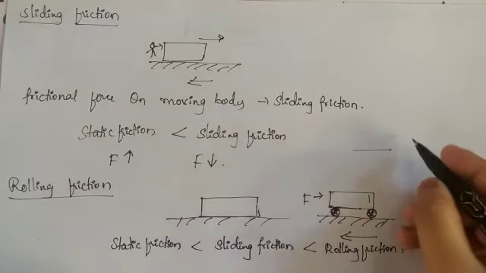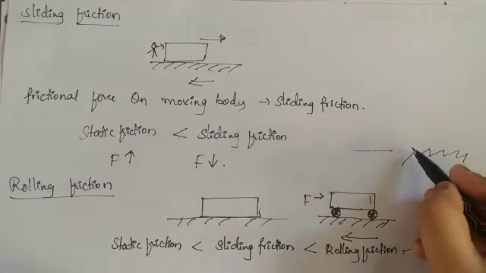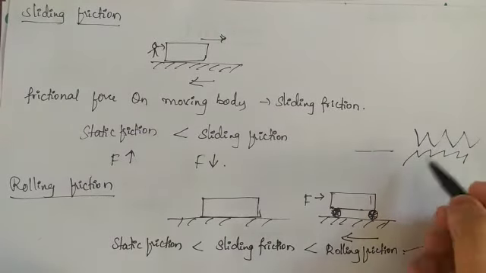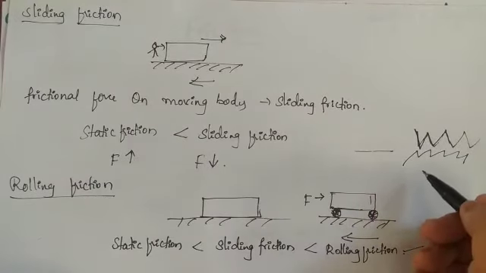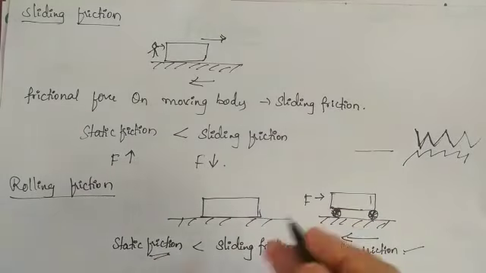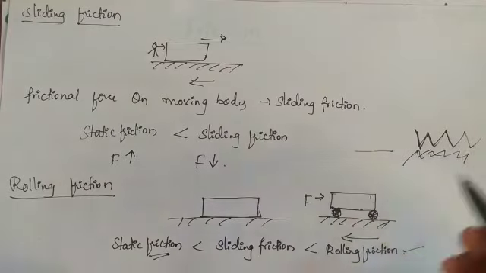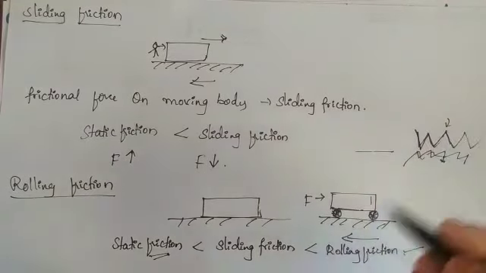You know, this is a surface and another object, the object which is placed here. These two surfaces will get in contact with each other. That is in the case of static friction, when the object is in rest position. If the object is in rest position, interlocking takes place between the surface of the ground and the object surface.